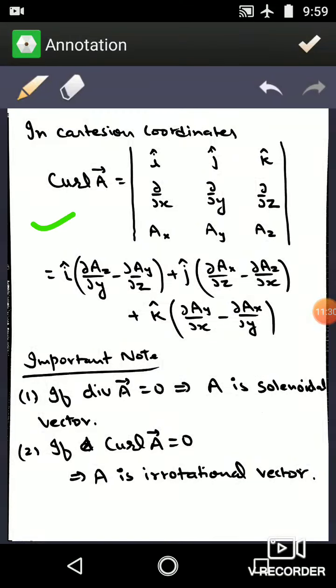If we want to define curl in the Cartesian coordinate system, then it is given by the determinant as shown on this page.